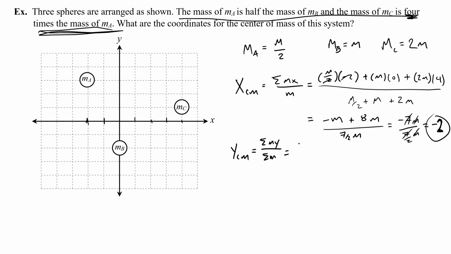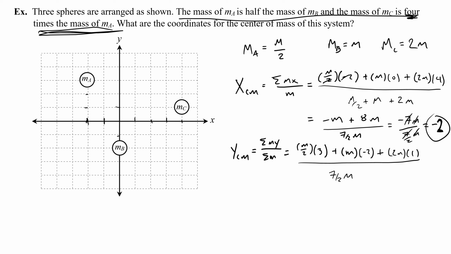Well, for y, we've got M over 2 for A, and its y location is 1, 2, 3, so a positive 3. Then we have for B a mass of M, and it does have a y location of negative 2. So times negative 2. Then I'm going to add that C term, which is a mass of 2M, and it goes up a y of 1. And then all of that gets divided by the 7 halves M.